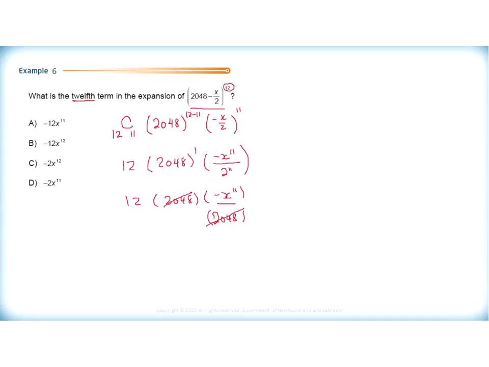Those two will cancel, and I'm left with negative 12x to the 11. Negative 12x to the 11. The answer is A.